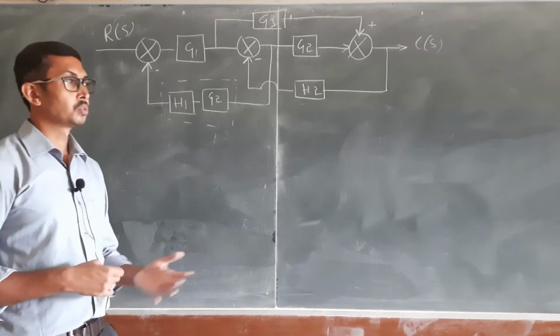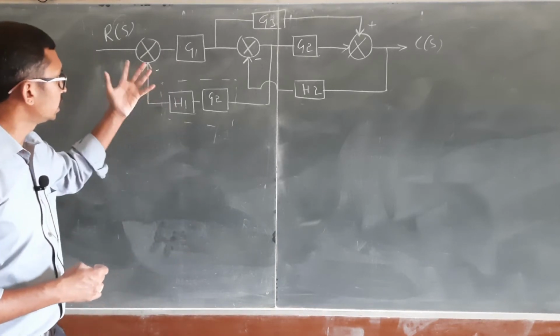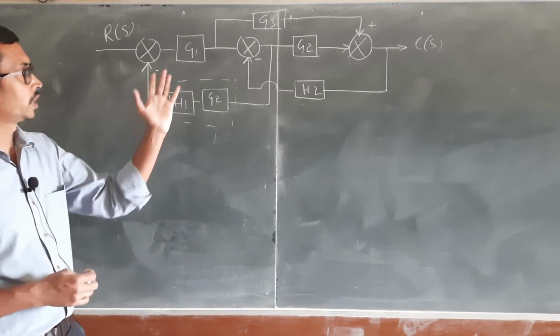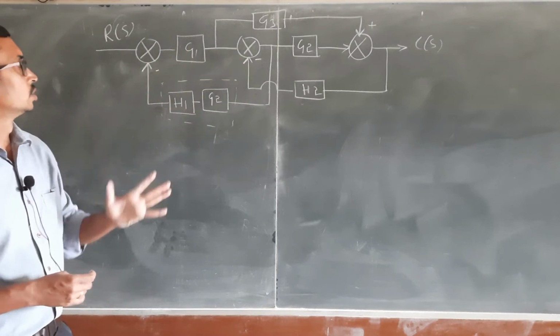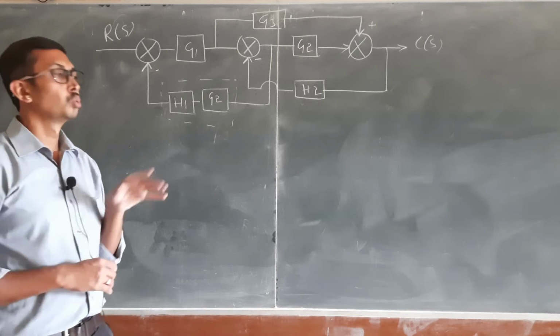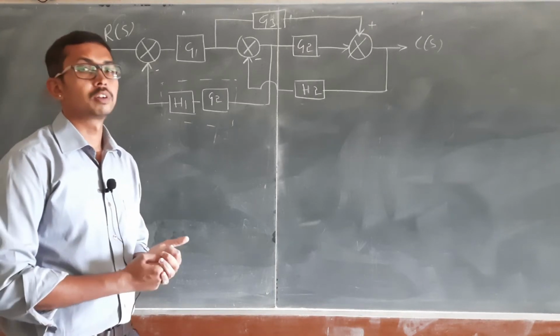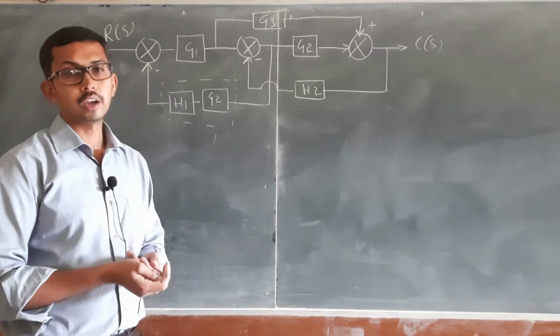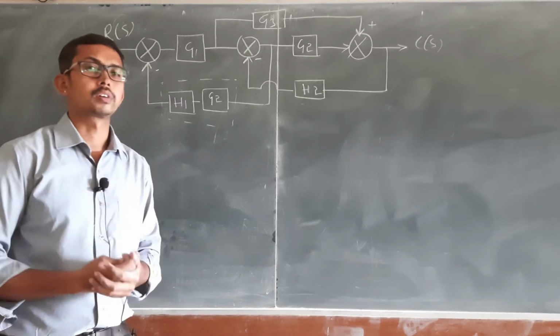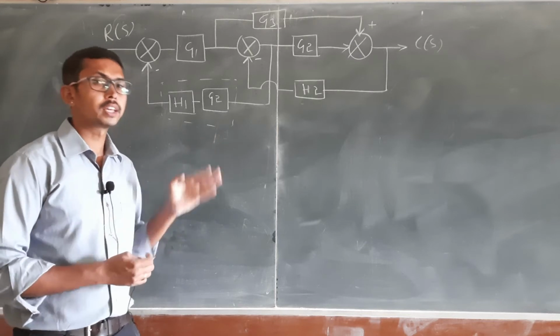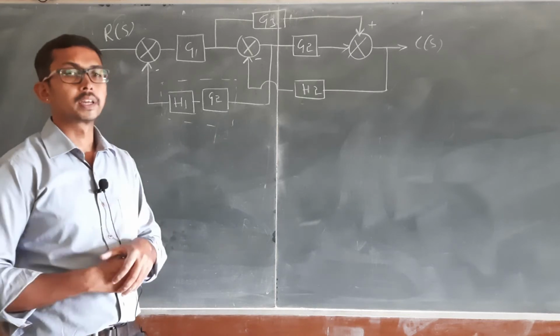So then what we have to do? We can try different ways, but we can't shift the takeoff point here. So the only thing that we can do here is apply the critical rules. Apart from that, there is no other way to reduce the given block diagram. So in such cases only we are going to apply the critical rules.